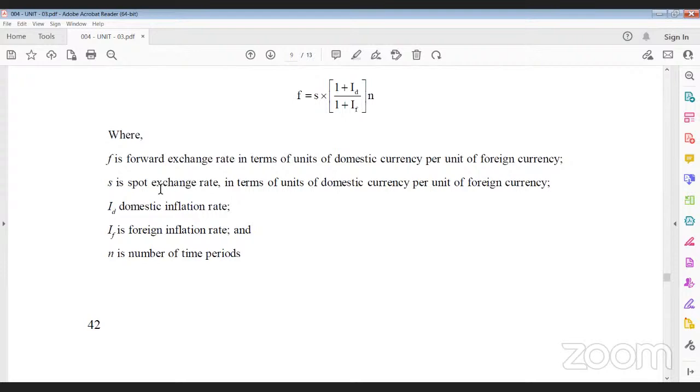S is the spot exchange rate, again in terms of domestic currency per unit of foreign currency. I of D is the domestic inflation rate, I of F is the foreign inflation rate, N is the number of time periods.